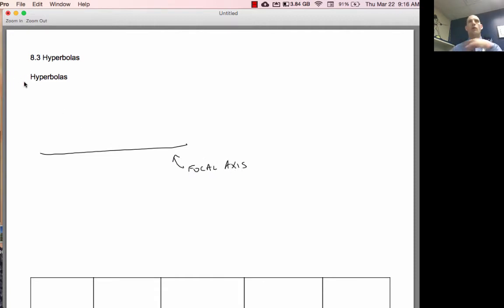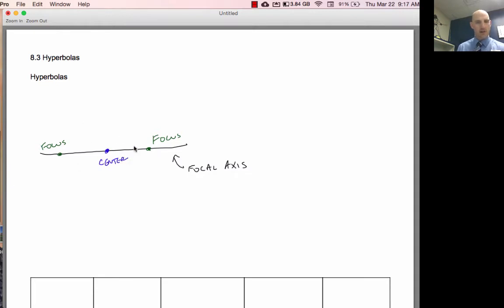And so what we know about the focal axis is there are foci on these axes. So here's one and here's one. And our hyperbola is going to have a center as well. So here's my center.